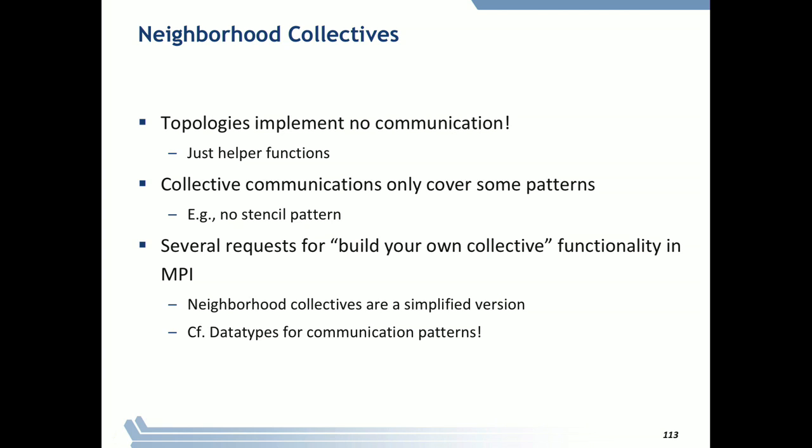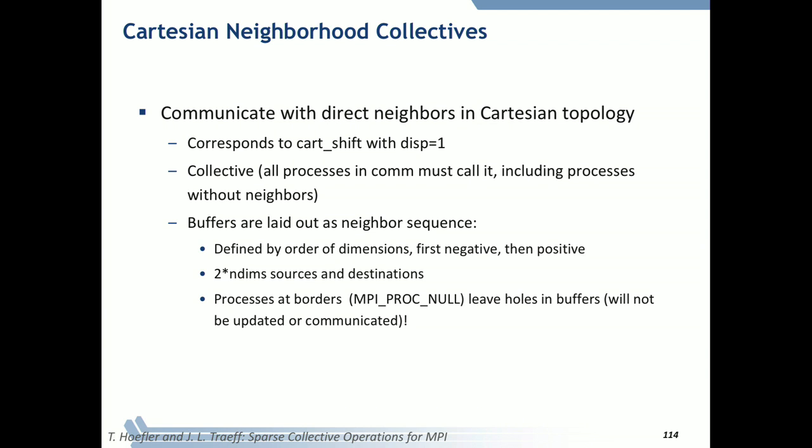In the case of Cartesian, you can ask for the neighbors. That's about it. What the neighborhood collectives give you is a way to do communication based on the topologies. So you can build a sort of collective communication with communication to the neighbors in your graph.